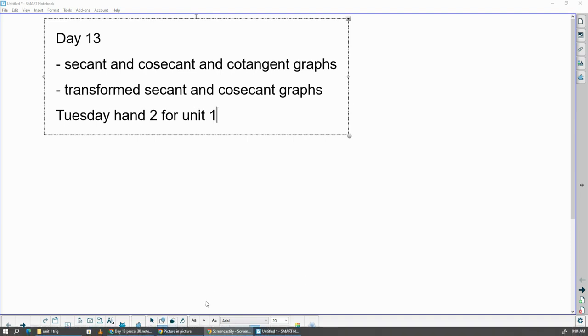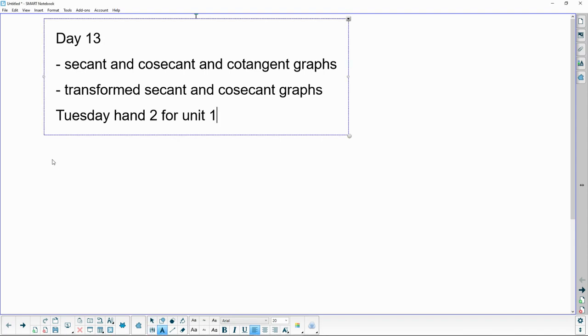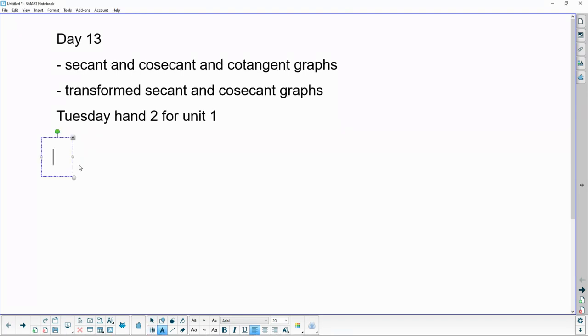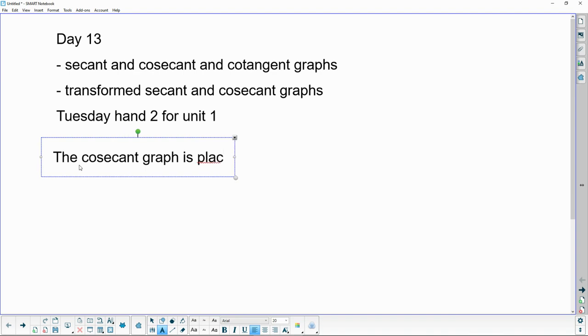The one concept we need is simply this: the cosecant graph is placed on top of the sine graph, and we'll put that in quotation marks.